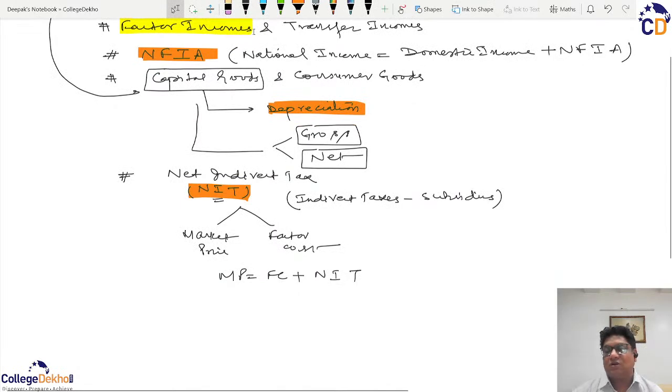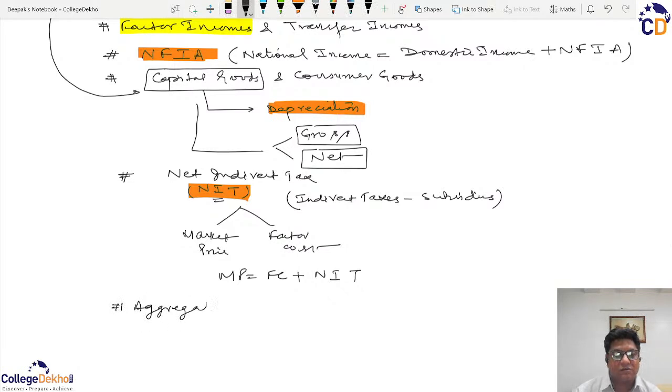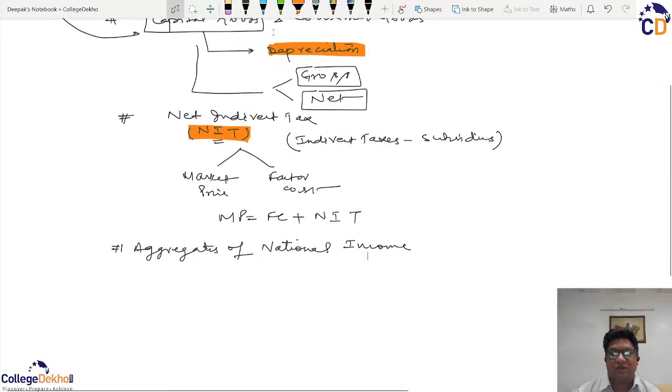So in the next session we will discuss the various aggregates of national income, and once we are done with the aggregates, then as a last step we will resort to the methods of the calculation of national income.